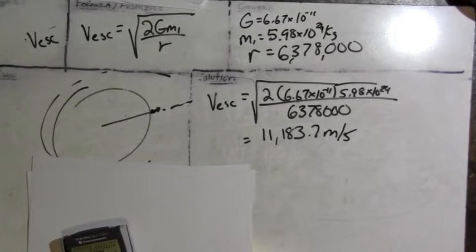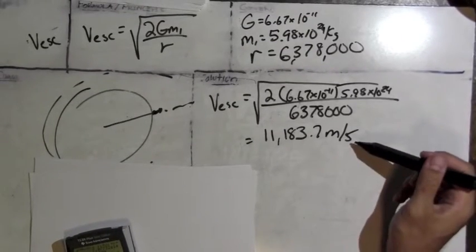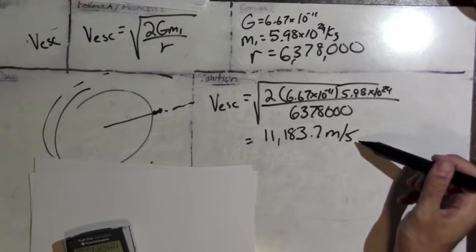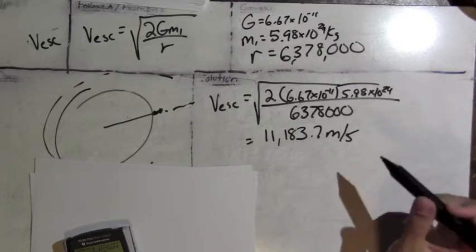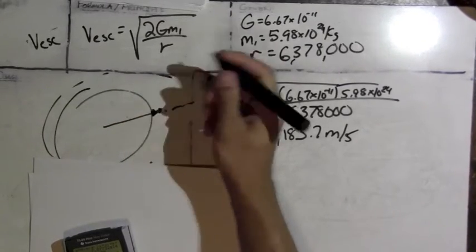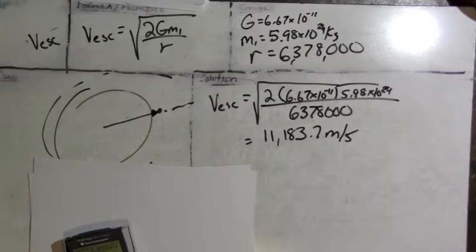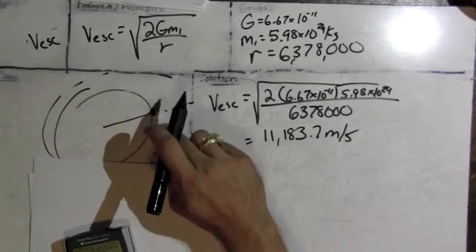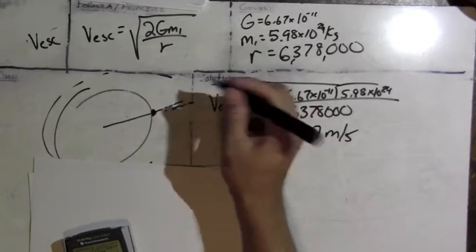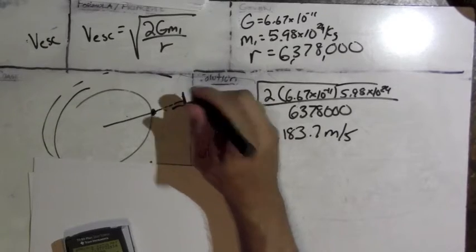Now, one of the questions that I usually get at this point is, is this how fast the space shuttle has to be going to leave Earth's atmosphere? And it turns out it doesn't have to be moving quite this fast. The reason why is we calculated how fast an object has to be moving at the surface to escape Earth's gravitational pull. What happens is the space shuttle actually accelerates this whole time, and it doesn't reach its final velocity till it's somewhere right here.